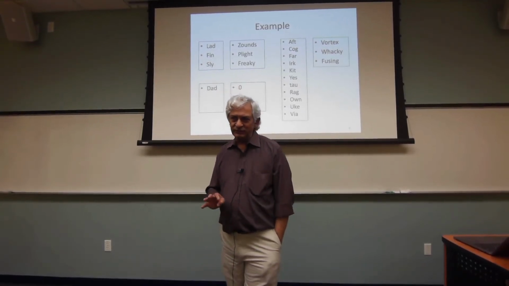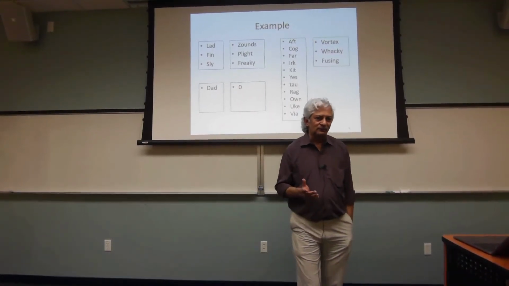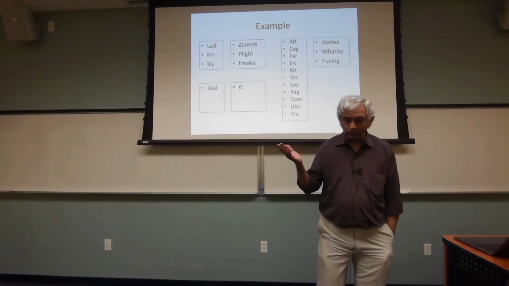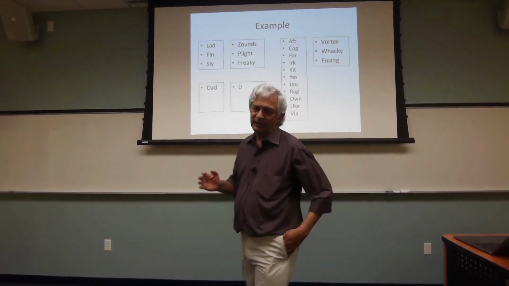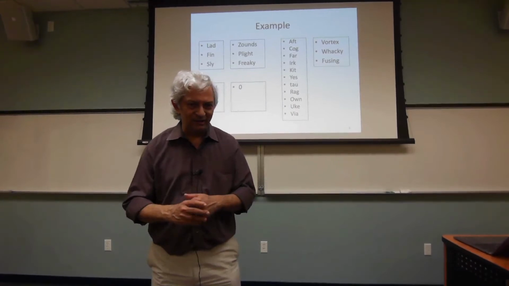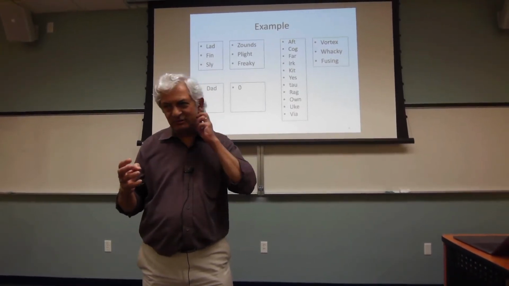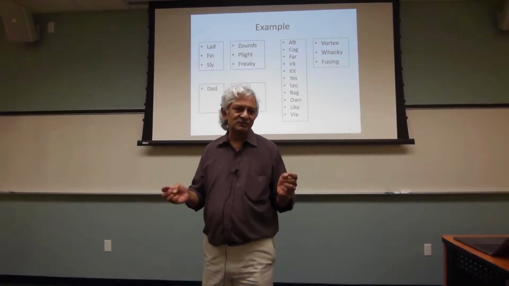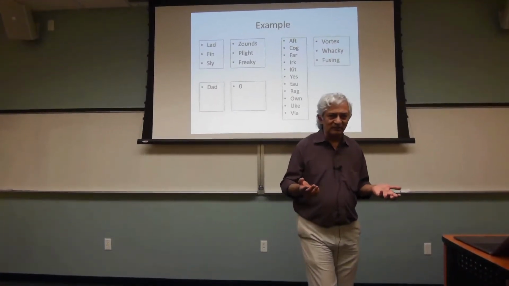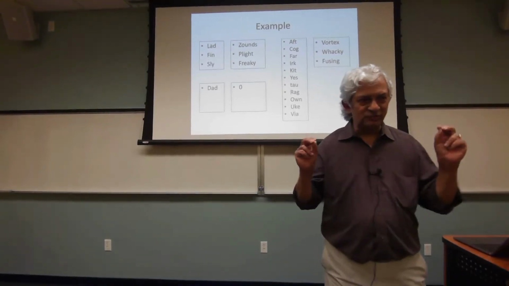Now, the question is, is brute force going to work, and what's the right approach? There are 26 letters. Let's say there are 18 letters. Even to try 18 letters on 3 dice, if you want to try every possibility, theoretically there's 3 to the power 18.